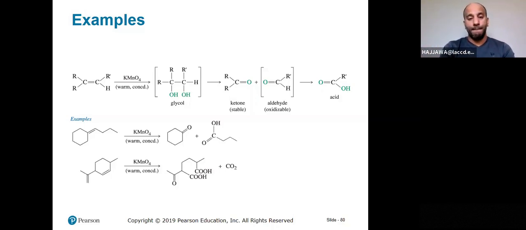That's the difference between diluted basic KMnO4 and concentrated hot KMnO4. One will give me the syn diol and the other will give me the possibility of two carboxylic acids, or a ketone and another ketone, or a ketone and a carboxylic acid.